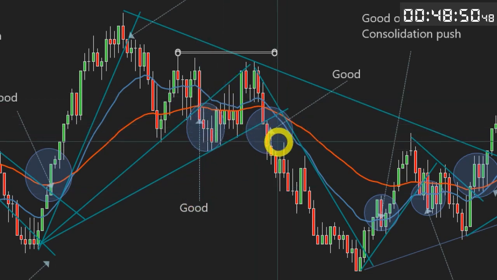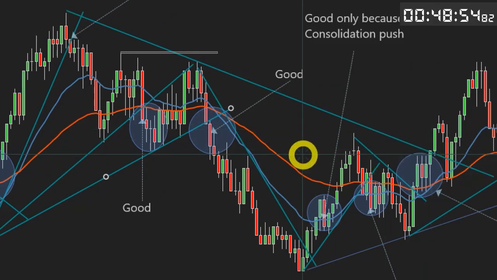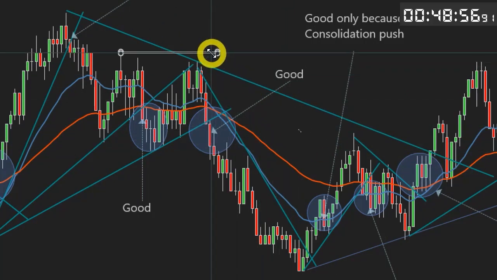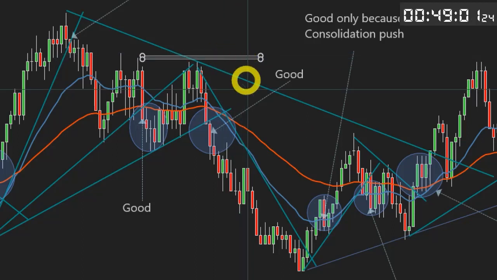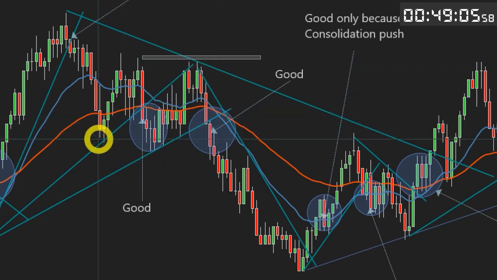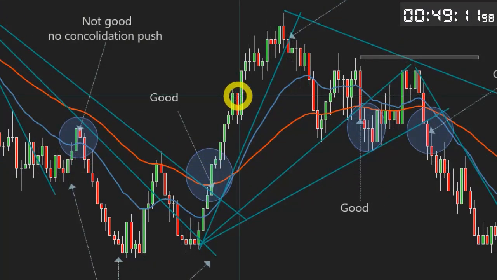Here it's better on this third trend line. It's much better. But where do you put your stop loss? You have to put your stop loss in the same place, because there's really nowhere else to put it unless you're going to do that momentum play again. And a lot of times price will go back to resistance and consolidate for the push.